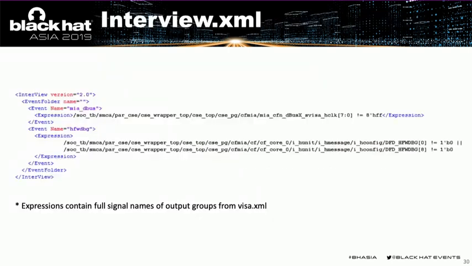Despite mentioning the VISA XML file and one more NPK XML file, to do tracing of hardware signals you also need a special file named interview.xml. It defines hardware events, associating them with signals of the VISA XML file. On this slide, you can see the format of the file, and so you can write your own.